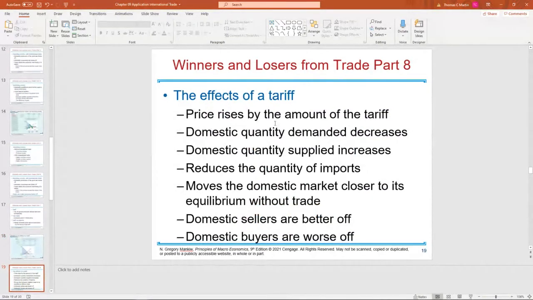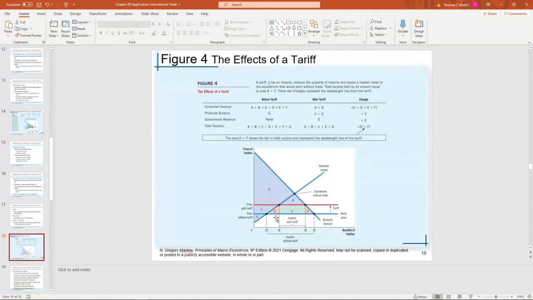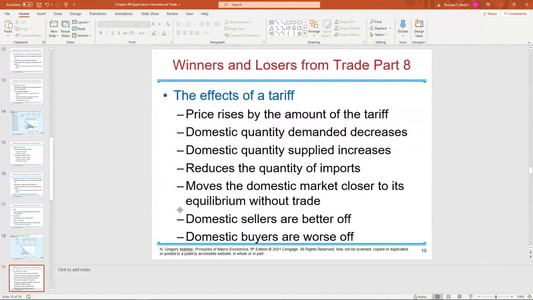We've discussed all these. The tariff raises the price. Domestic quantity demand decreases. Domestic quantity supplied increases. We can see that in this graph. With the tariff, it brings this price back up to here. So we have additional suppliers that are willing to enter the marketplace at this point. It reduces the quantity of imports.